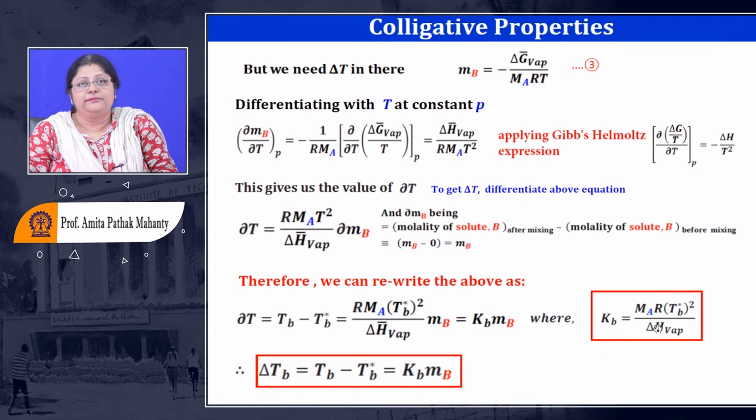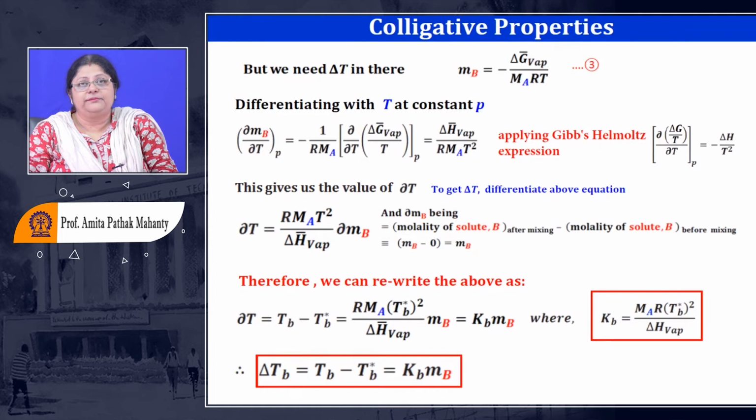Please remember, this is the molar enthalpy change of vaporization which we are looking into. In the numerator, we have the molar mass of the solvent. Then we have R, and we have the boiling point of the pure solvent. This is entirely at a given temperature, a constant. So this can be given to you, and you have to find the change in boiling point temperature.